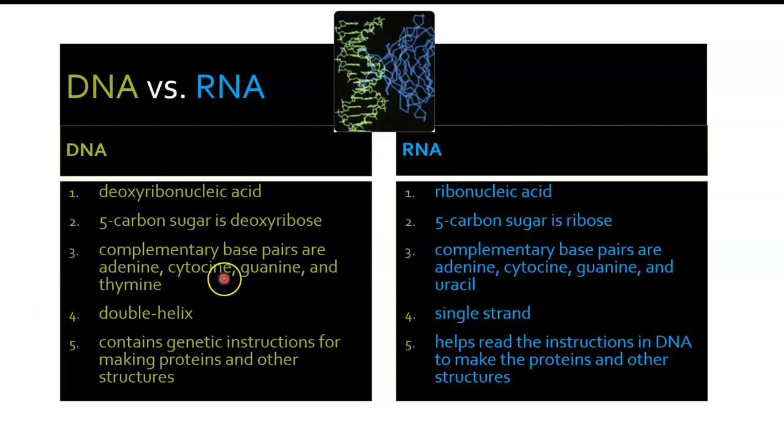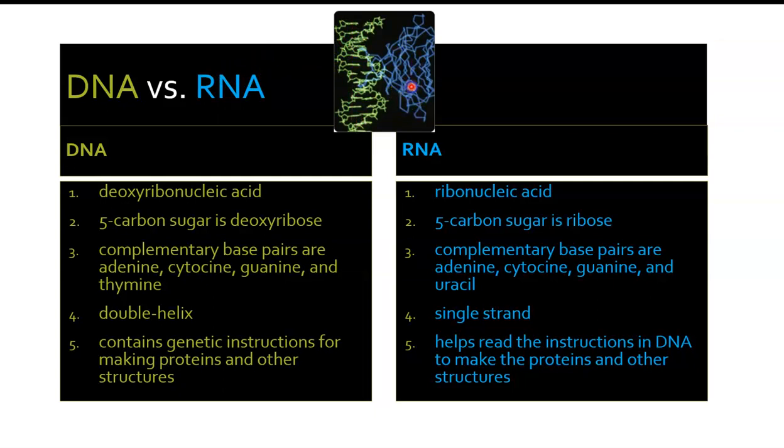So again, this is a really great comparison chart so that you can see the difference between DNA and RNA, and you can use this for your CRQ on Wednesday, so make sure you keep a copy of this screencast. But again, the biggest differences between DNA and RNA: DNA is that double-stranded double helix.